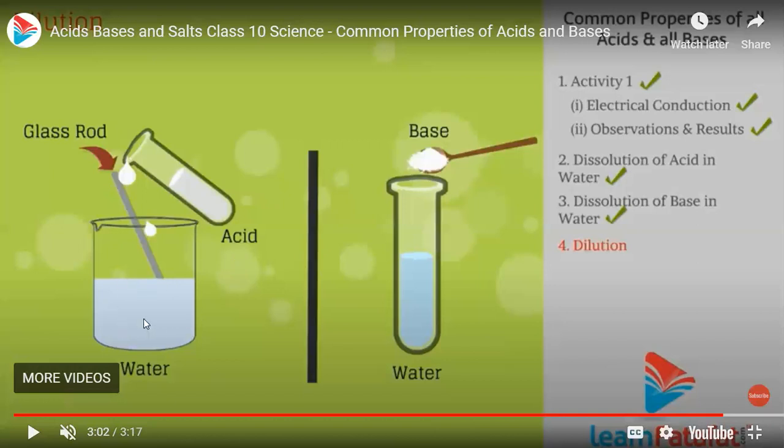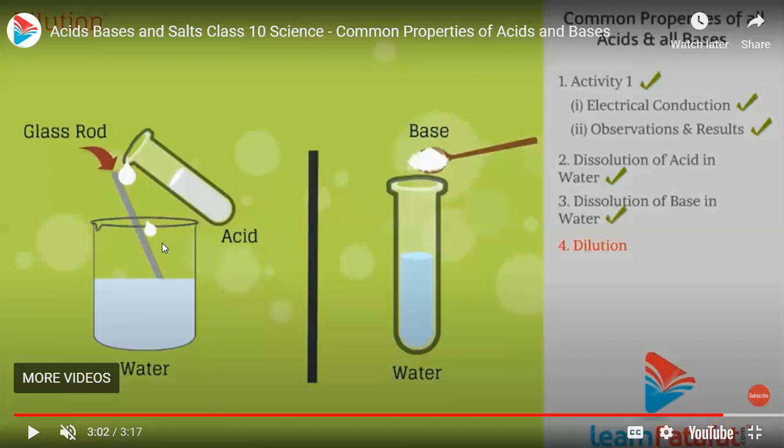We take water in a beaker, we take a stirrer, and then we add acid to water, not water to acid. So always we prefer to add acid to water. That too slowly, you have to add drop by drop with constant stirring, and not water to acid.